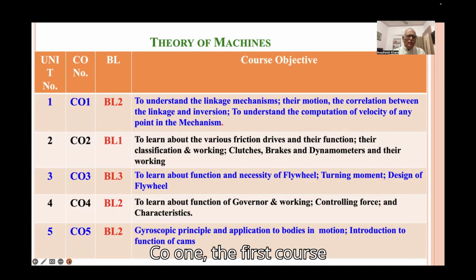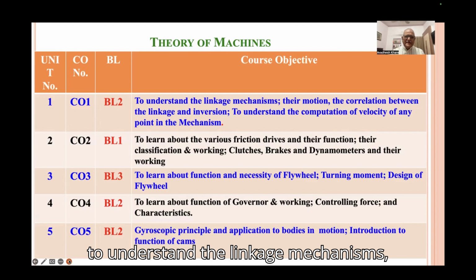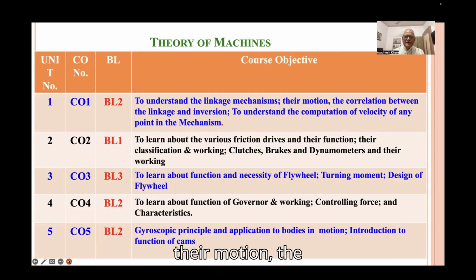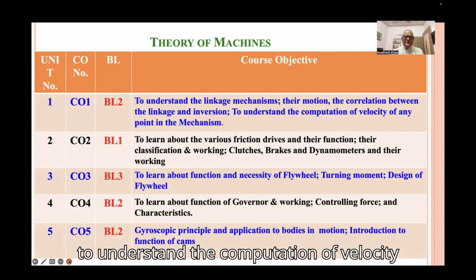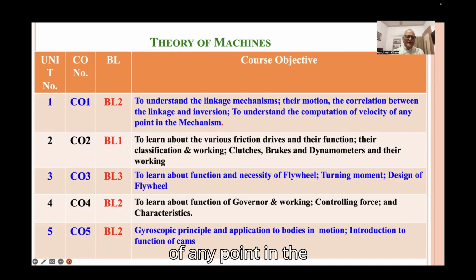CO1, the first course objective, I will read out: to understand the linkage mechanisms, their motion, the correlation between the linkage and inversion, and to understand the computation of velocity of any point in the mechanism. Likewise, CO2, CO3, CO4, and CO5 are also explained.